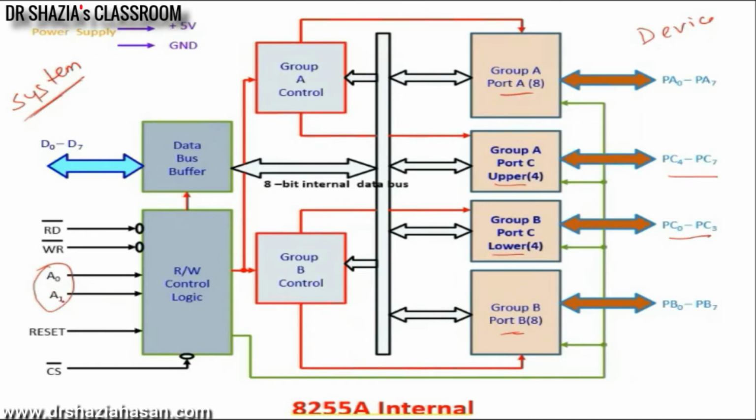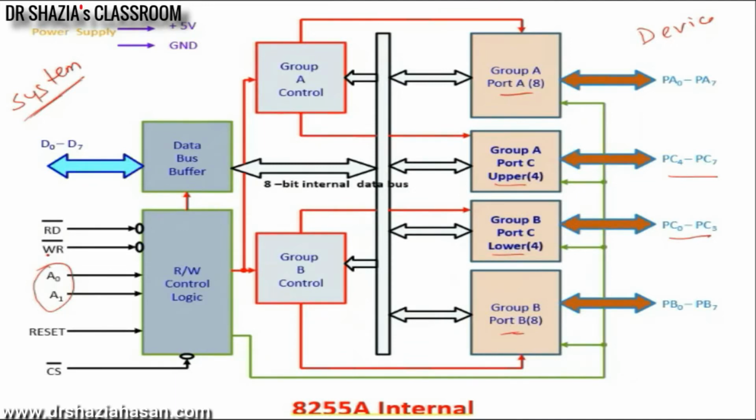Then apart from that, it has read and write signals. So it should be connected to which read and write signals of your microprocessor? IO read, IO write, or memory read, memory write? IO read, IO write. Yes, as it is an IO device, it should get selected only when there is an IO read or IO write operation.